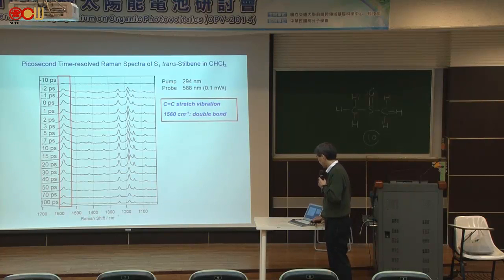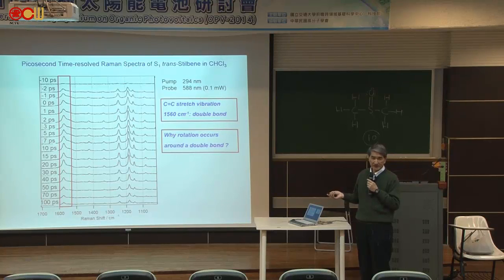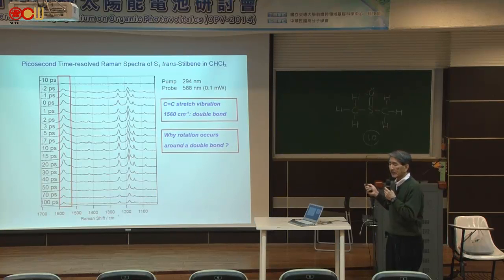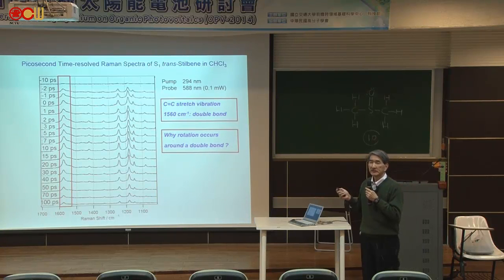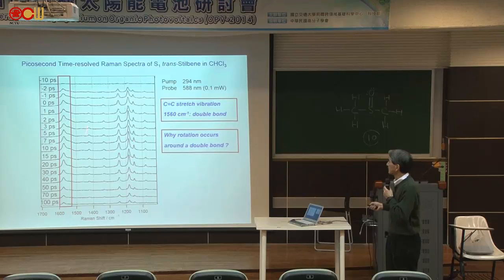So I repeat the question: why does rotation occur around the double bond in the excited state? In order to solve this problem, we were reminded of the fact that the reaction rate is very much dependent on the solvent. So we thought that if we look at this vibration in different solvents, there might be a key to understanding the chemical reaction.